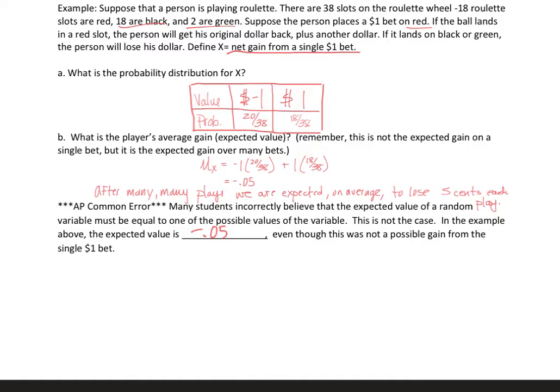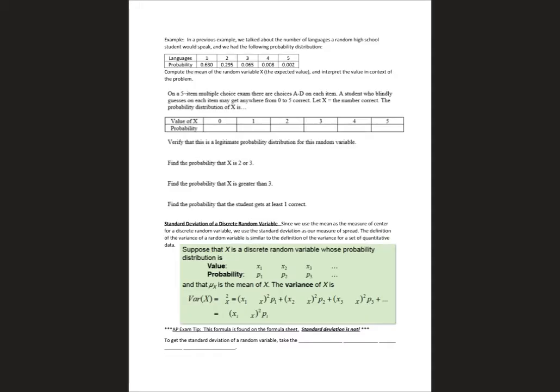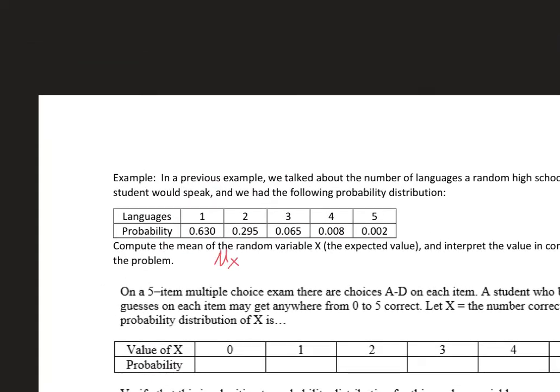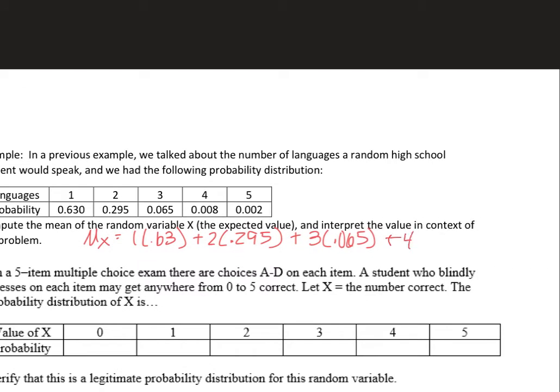All right, so let's look at a couple things here to wrap things up today. I just want to do one more problem. Well, kind of two more here. I want to look at the expected value for the number of languages. So back to the language problem. Let's look at the mean of X. There's a 63% chance of selecting a person who speaks one language, 29.5% speak 2 languages, then 3, then 4, and then 5.